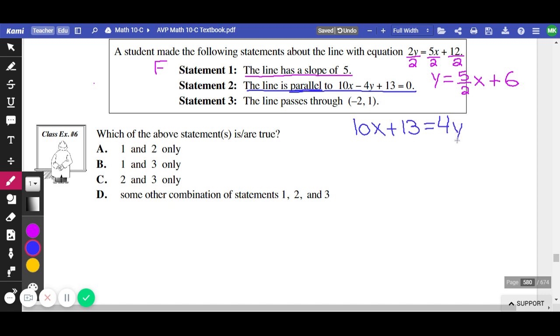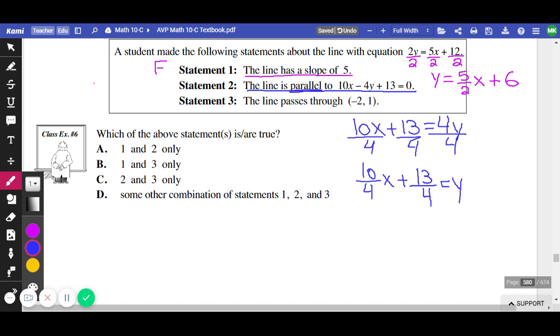And I'm going to divide everything by 4. That gives me 10 over 4 x plus 13 over 4 equals y.